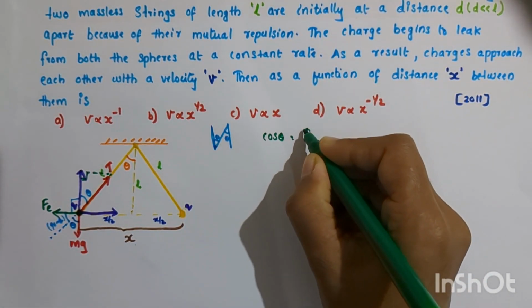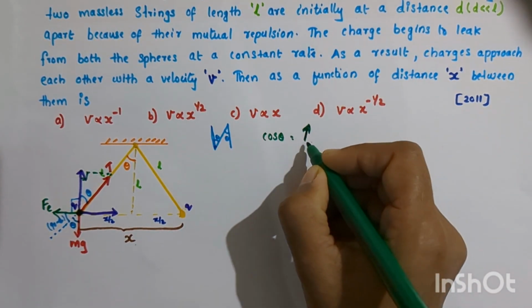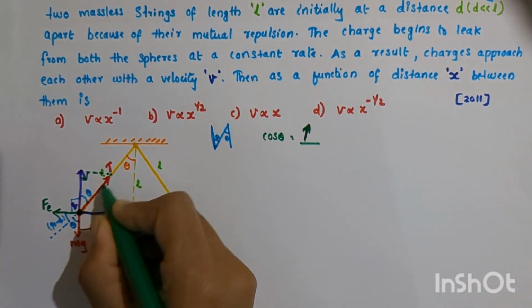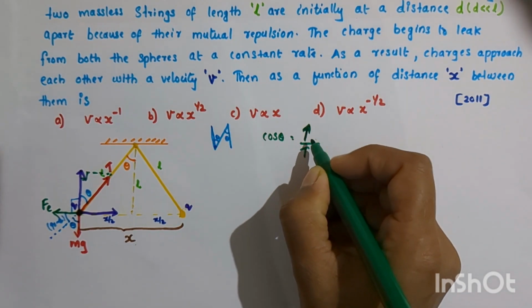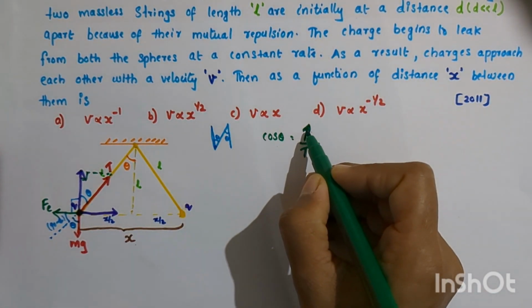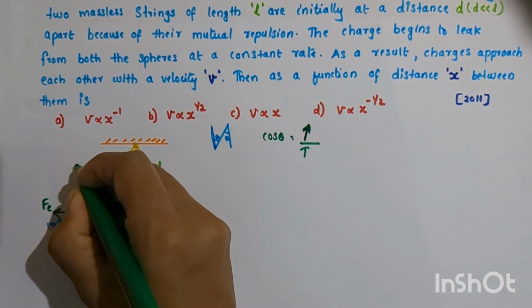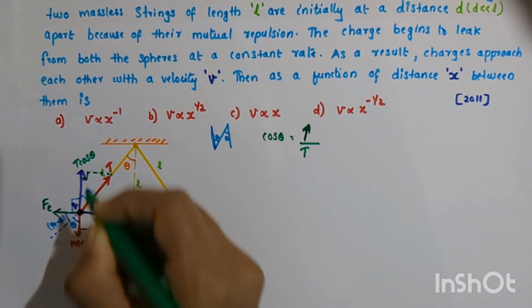So we want to find that vertical component of tension. I am just drawing it like this, divided by hypotenuse, which is having a magnitude T. So what about this vertical component of tension? That will be T cos theta.